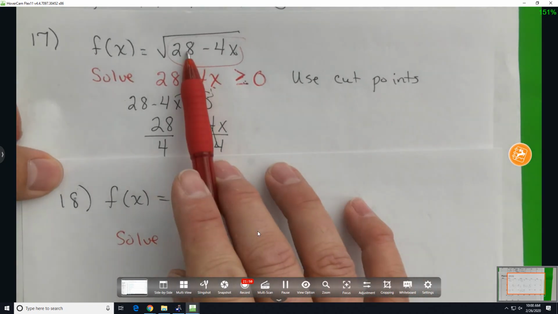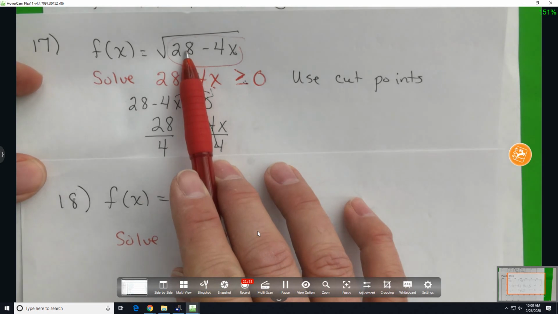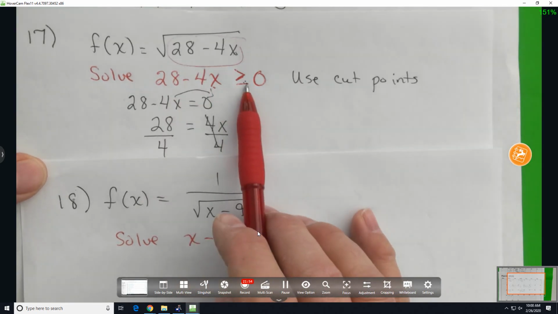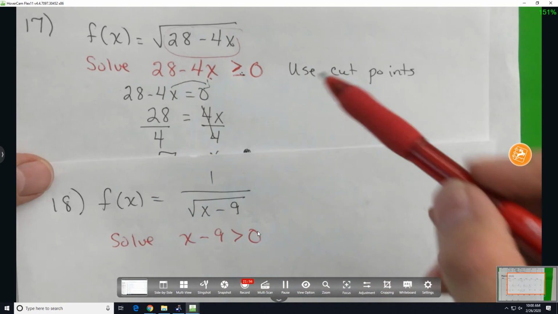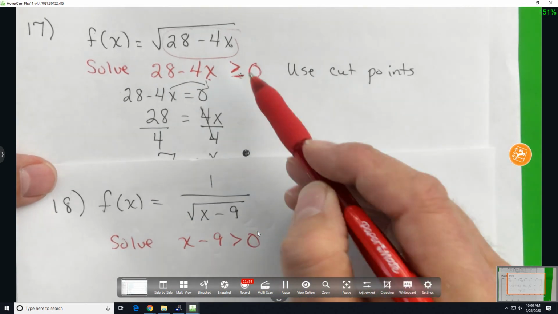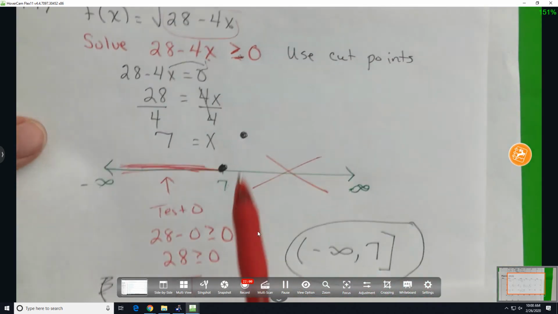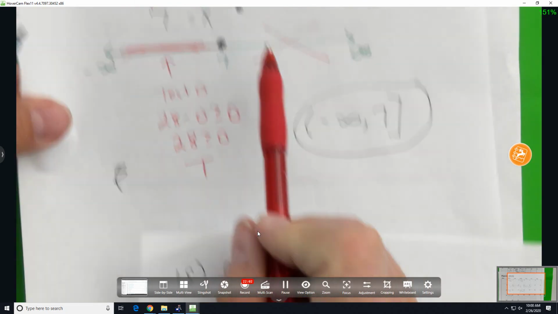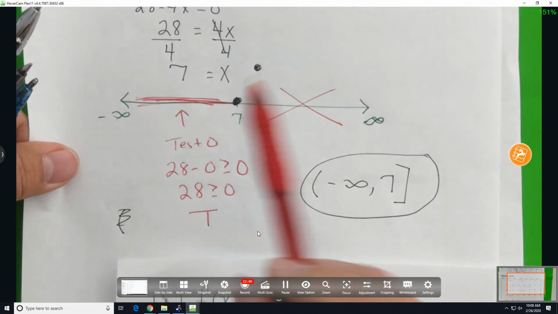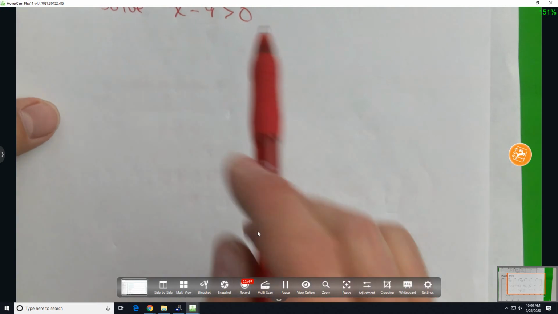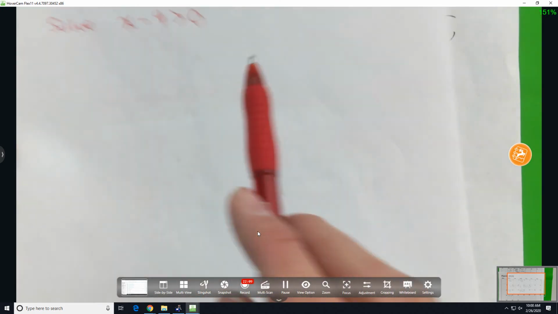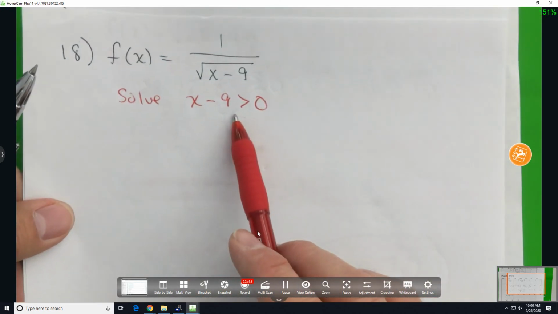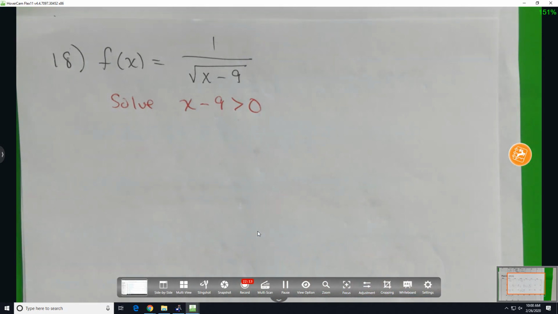If there's no fraction, just a square root, you say greater than or equal. And the only time that greater than or equal becomes significant is down here when you're plotting the cut point. Over here, when I plot the cut point, will I have a closed circle? No. Okay, let's find the cut point.